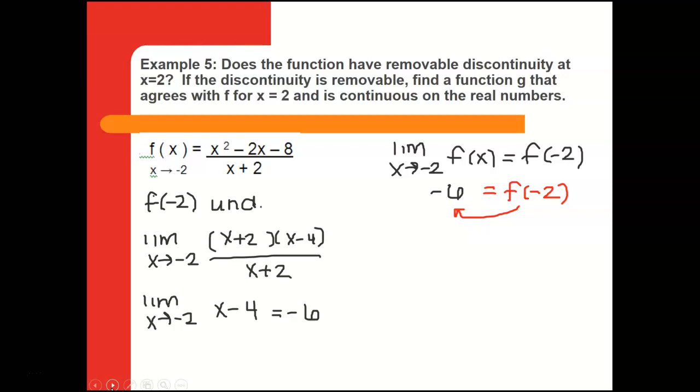So it says find a function g that agrees with this. So we're going to say that g of x is equal to the original function f of x for all x values except -2. And when x equals -2, what do I need g to be?